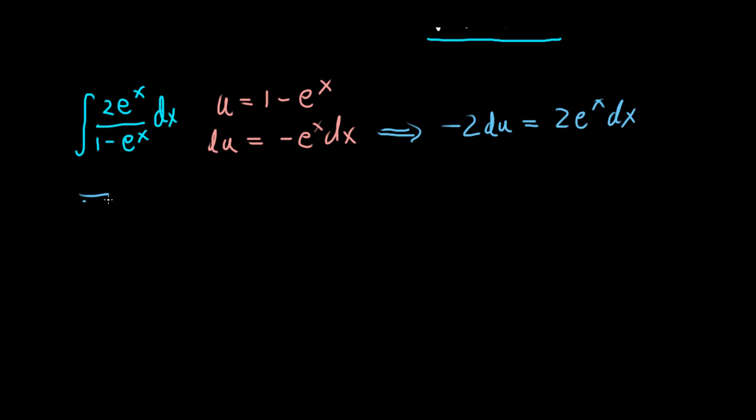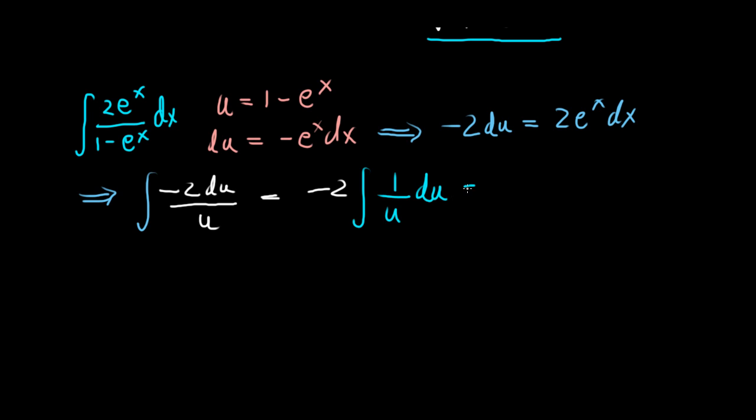So this integral becomes negative 2 du over 1 minus e to the x, which is u. So this becomes negative 2 times the integral of 1 over u du.